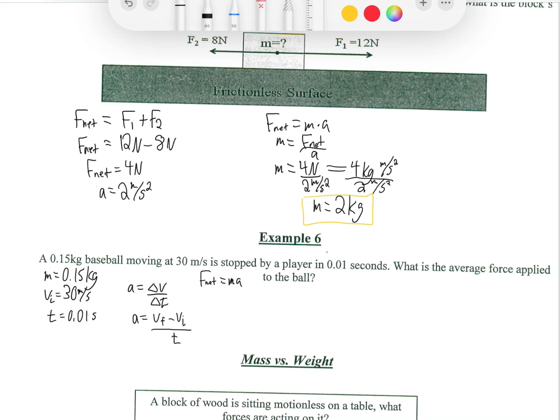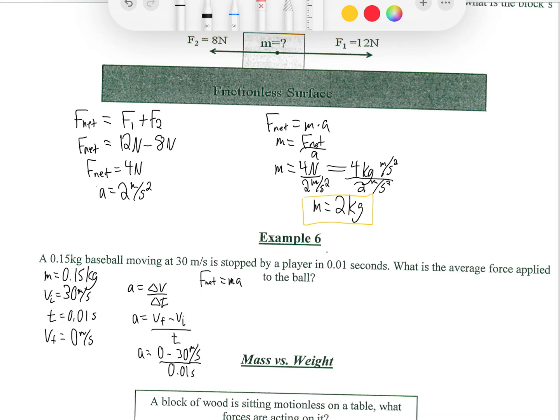Okay, now it doesn't say explicitly what our final velocity is, but what it does say is that it is stopped, which means it's going to come to a rest, so our final velocity is going to be 0 meters per second. We can plug those values into our acceleration formula. This is going to be 0 minus 30 meters per second over a time of 0.01 seconds.